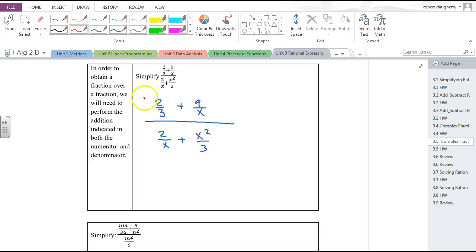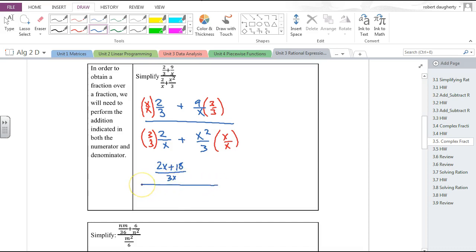So I multiply this one by x over x, multiply this by 3 over 3, here multiply by 3 over 3, and here x over x. Okay. So what do I get? I get 2x plus 18. So this is 2x plus 18 over 3x divided by what?